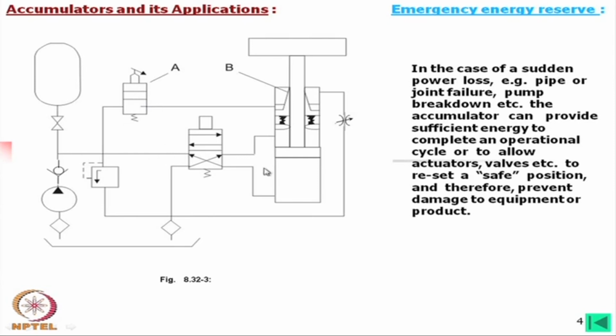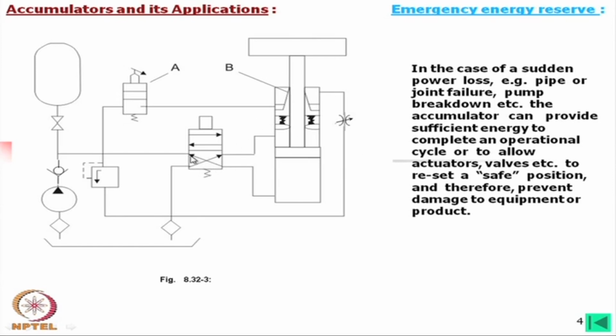Now, in case of any failure here, this oil can go this side and through this passage, the oil will flow to the tank in a controlled manner, and this piston, although it will collapse to its position, will go very slowly. Okay. So, in that case this accumulator is helping to prevent the sudden collapse of this cylinder.